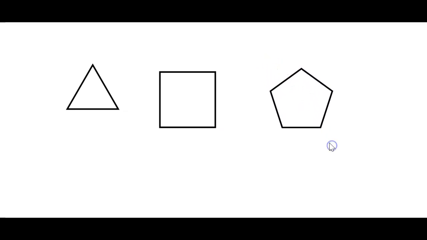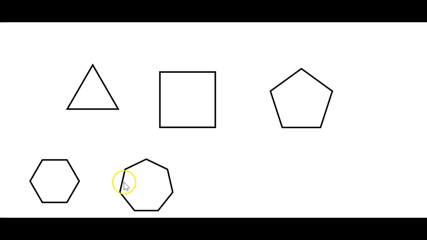You can have a regular pentagon with all 5 sides the same, a regular hexagon, all 6 sides the same, a regular heptagon with all 7 sides the same. You have the regular octagon, like the stop signs you see, all 8 sides the same, a regular nonagon, and then you can keep going on. But these are all regular shapes. We can talk about the perimeter and area of those as well.